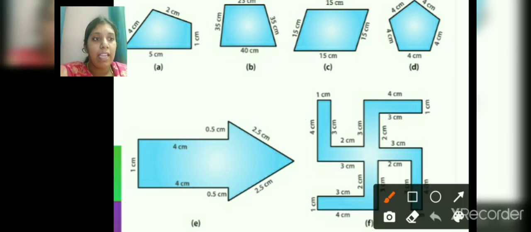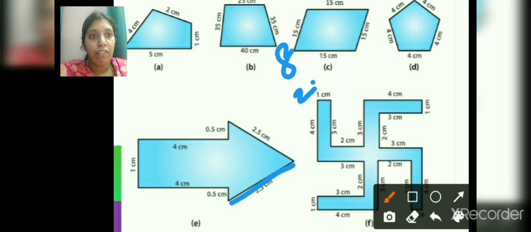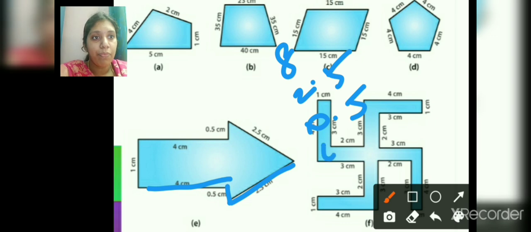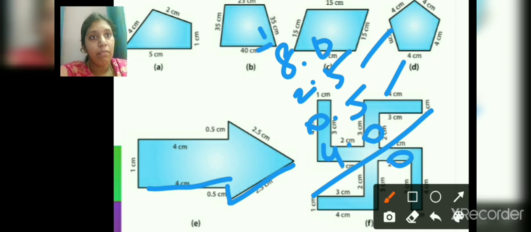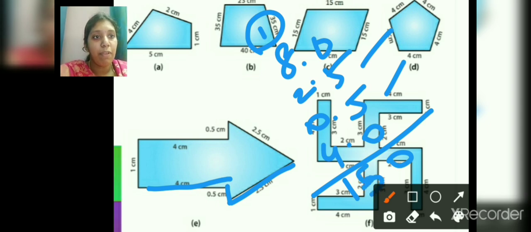Now to 8 we have to add this side, 2.5, plus this side 0.5 and this 4. So 8.0, and now adding 5 plus 5 is 10. 8 plus 2 is 10, plus 1 is 11, 11 plus 4 is 15, and the decimal point is before one number, so place the decimal before one number.